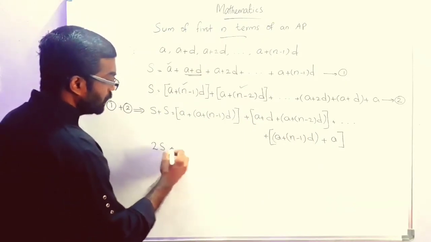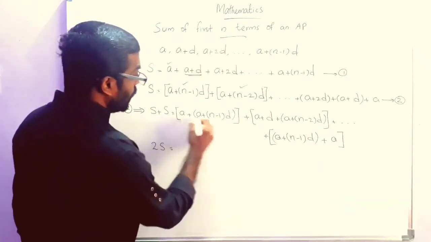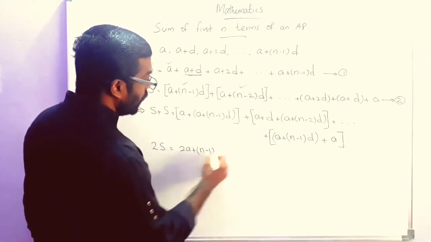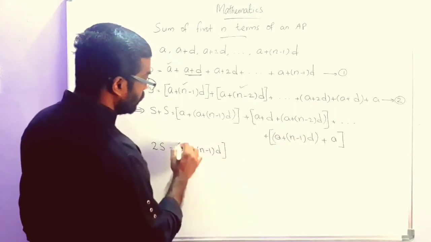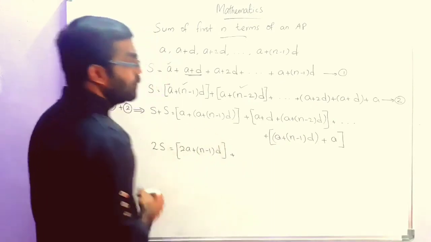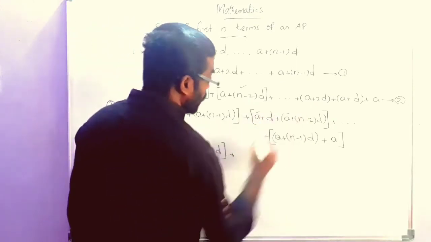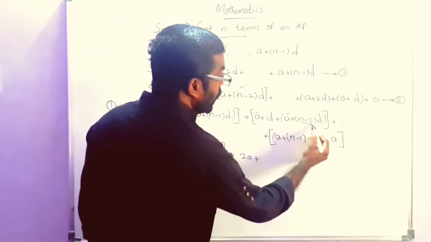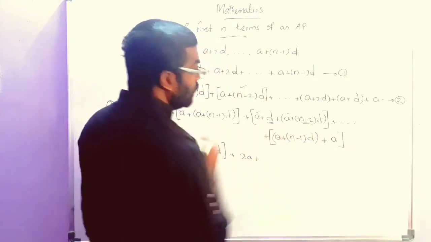That is 2S is equal to A plus A is 2A. So 2A plus n minus 1 into D. Then plus, here also A plus A, 2A. Then plus n minus 2 into D, here 1D.